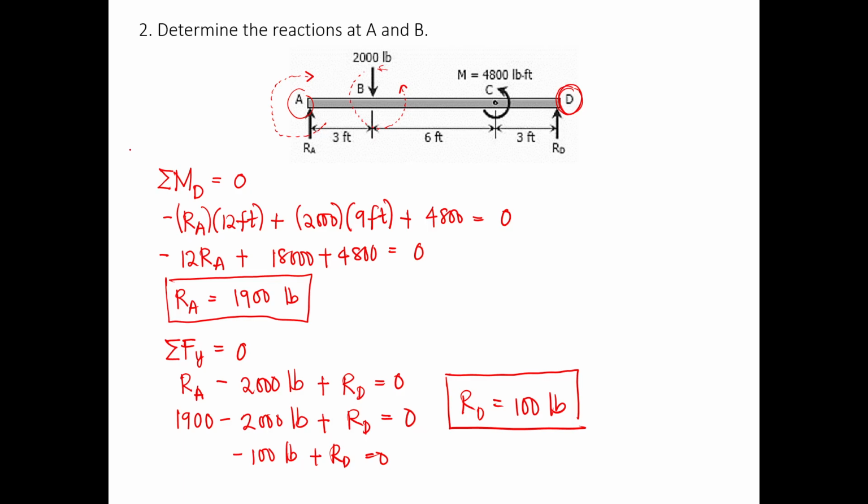So again, what we did is we used one moment equation and then one directional force equation. So it could be the vertical direction equation or the horizontal component depending on the problem.